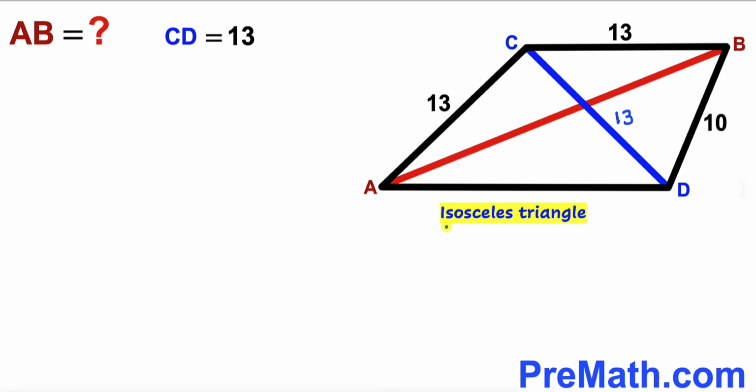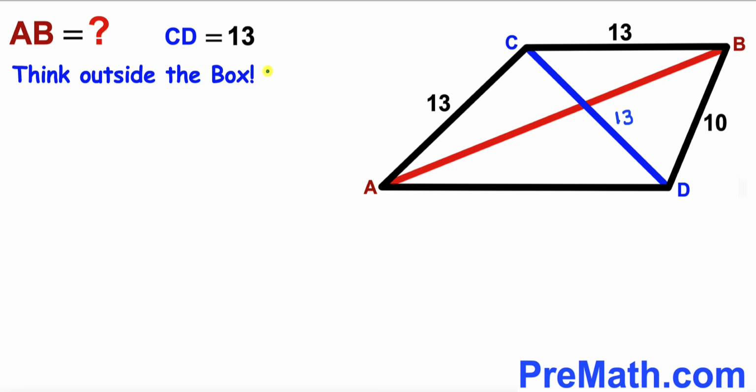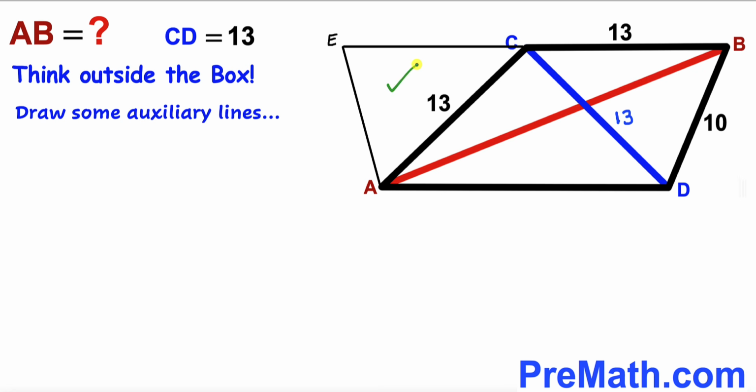Now, since we are dealing with so many isosceles triangles in this diagram, we are going to think outside the box to make our job simple. We are going to draw some auxiliary lines, as you can see in this next step. Here I have extended this line BC all the way to this point E, such that this BC length is equal to this side EC length.